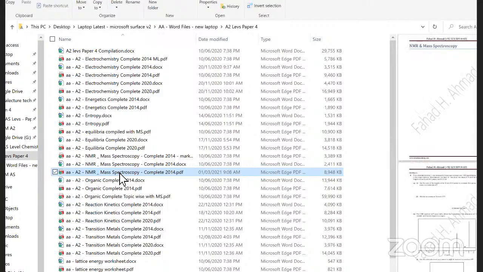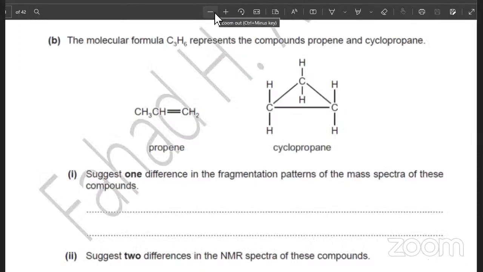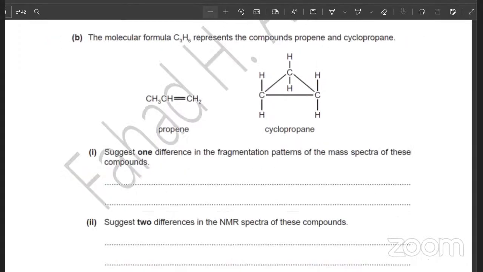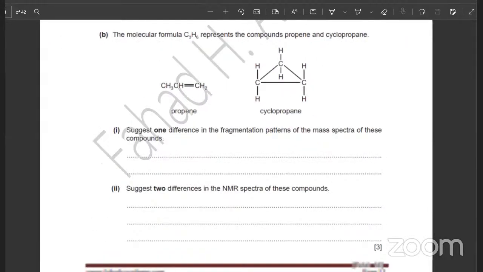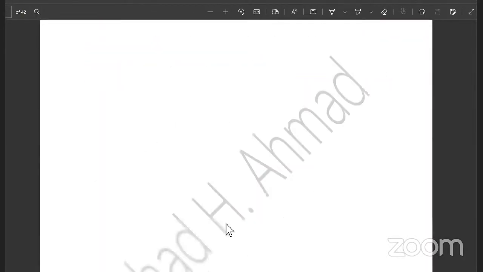You just have to remember three or four things, that's it. So first thing, when you do mass spectroscopy, you can figure out the number of carbon atoms. That's the first thing. So you should remember the formula.